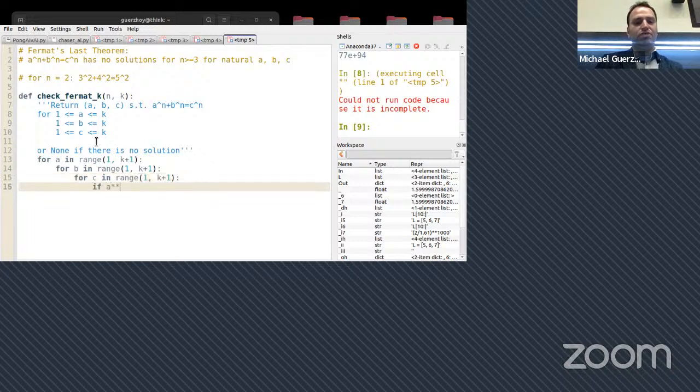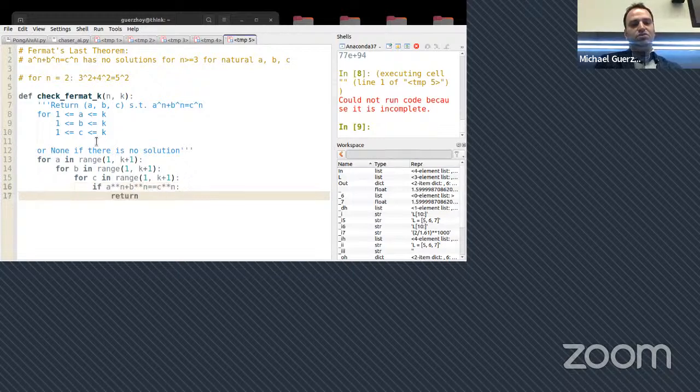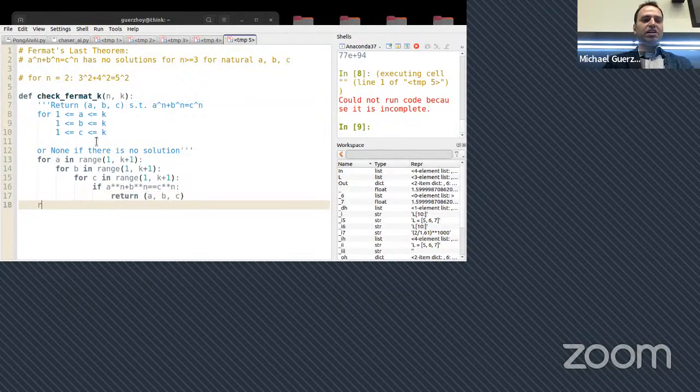If a to the n plus b to the n is equal to c to the n, return a, b, c. Then I could return none here or not, because a function by default returns none one way or the other, so I can just comment that out.